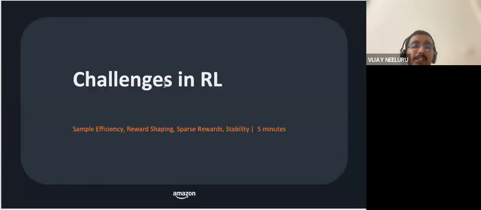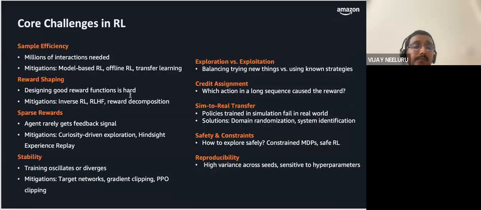So next we will discuss the challenges in RL. There are multiple core challenges. The first one is sample efficiency. RL agents are incredibly data hungry. Sample efficiency is the ability of an RL agent to learn effective policies with minimum interactions with the environment.